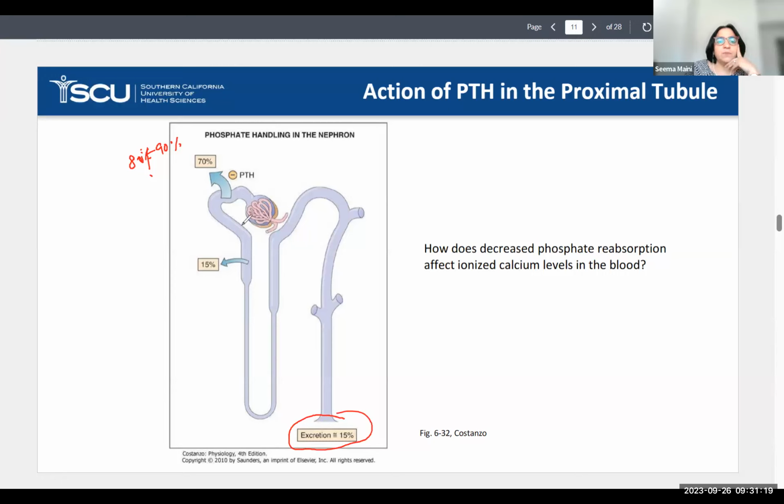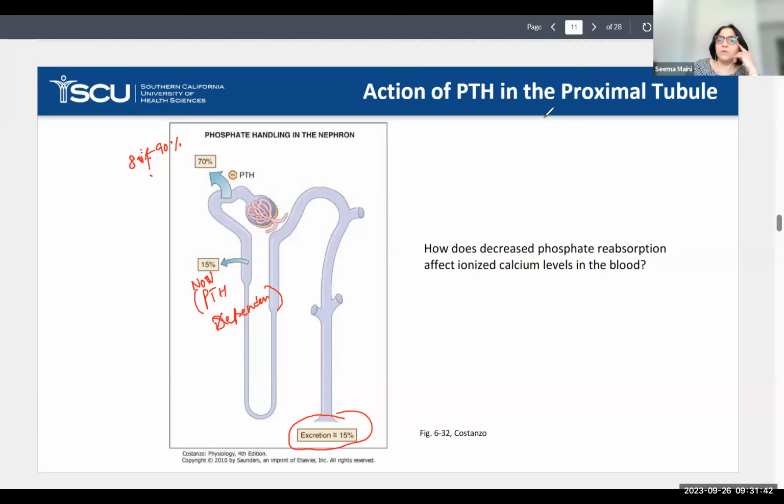Another 15% are reabsorbed later, in the descending limb of the loop of Henle, which is not PTH dependent. But reabsorption of phosphate ions in the proximal convoluted tubule is decreased.